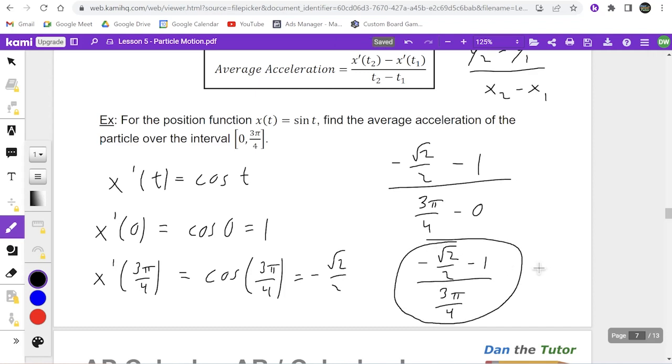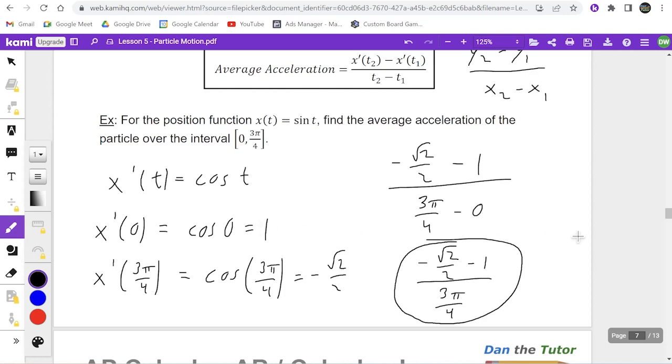This is much harder to simplify than the last one we did. And in case you're wondering, this is a negative number, which means you have a negative average acceleration, which again, we're not talking about acceleration quite just yet. We might be talking about it on the next page. Nope, it's the page after that, whatever. So then that's it for this example.